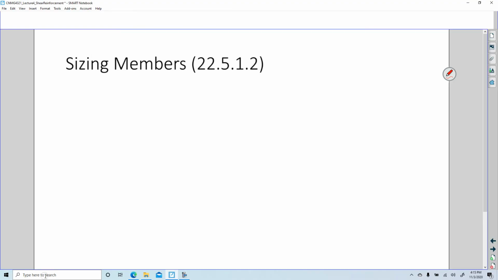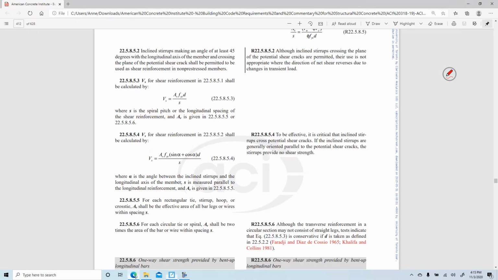There's also some recommendations on sizing. I'm looking at 25.5.1.2 on page 402.